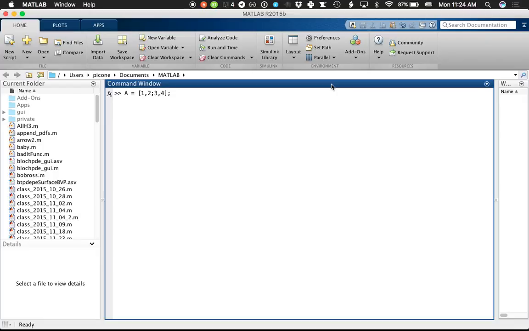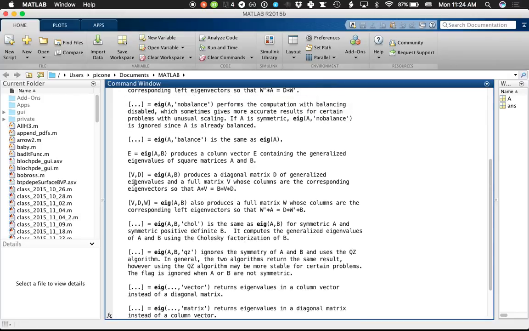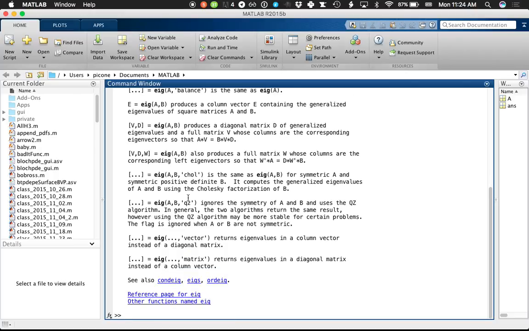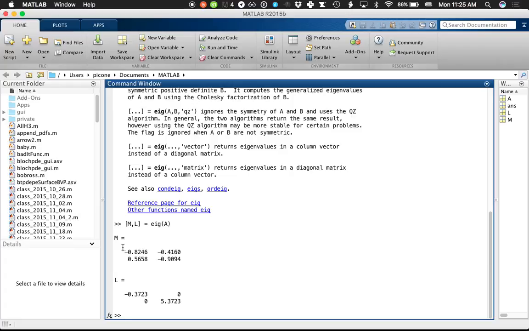And if we did eig of A, it only returns the eigenvalues if you do eig of A. If you do help eig, they call the eigenvector matrix V in MATLAB, but I'll do M, and I can't do a lambda, so I'll do L equals eig of A. And M is the eigenvector matrix that came out, and L is the eigenvalue matrix that came out.